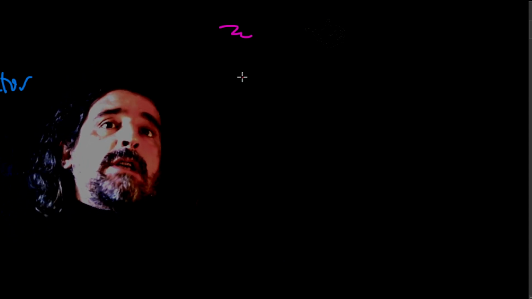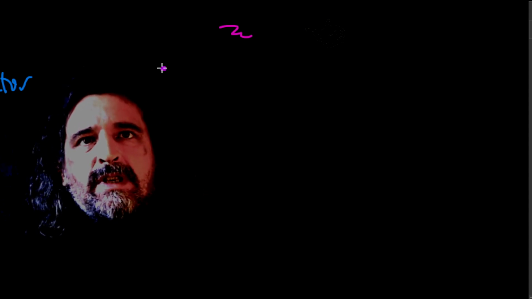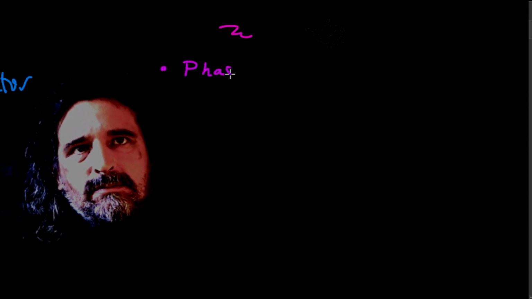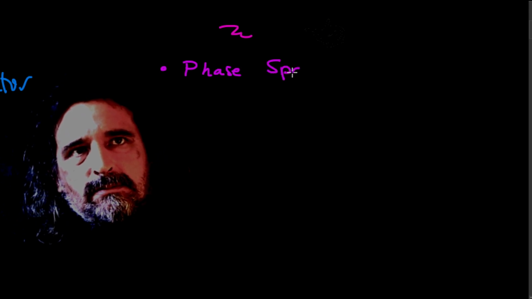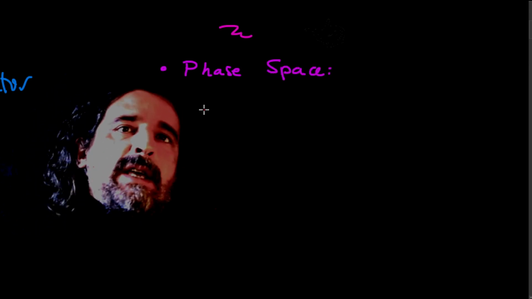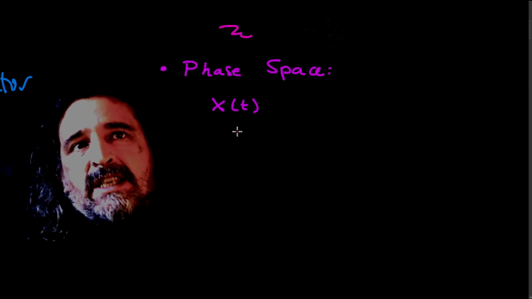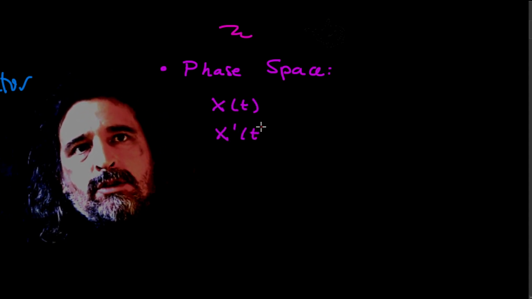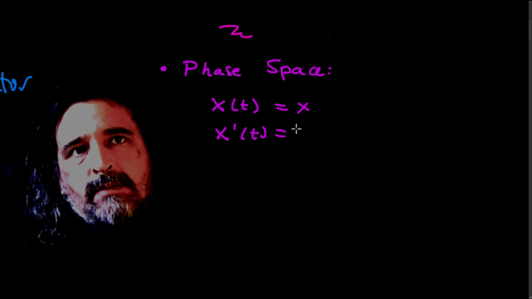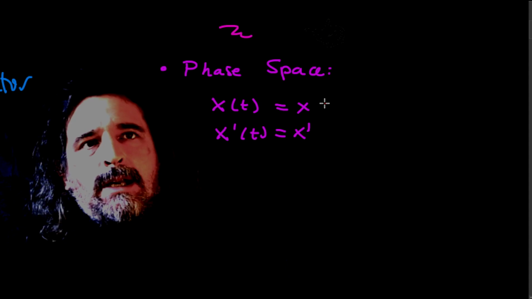So essentially what we're gonna be doing now is to discuss the notion of phase space. X of t and x prime of t, you can call them x and x prime and think about them as dynamical variables.